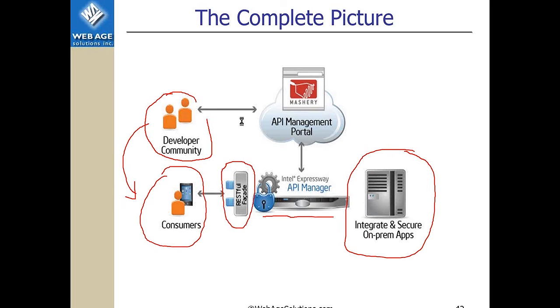They work through the API management portal where they would find out about APIs in blog articles, in forums, in other forms of collaborative interaction for social media networks. And that's how things are done.